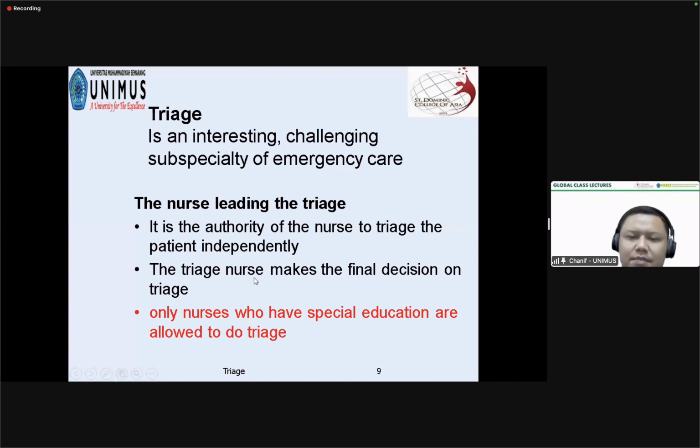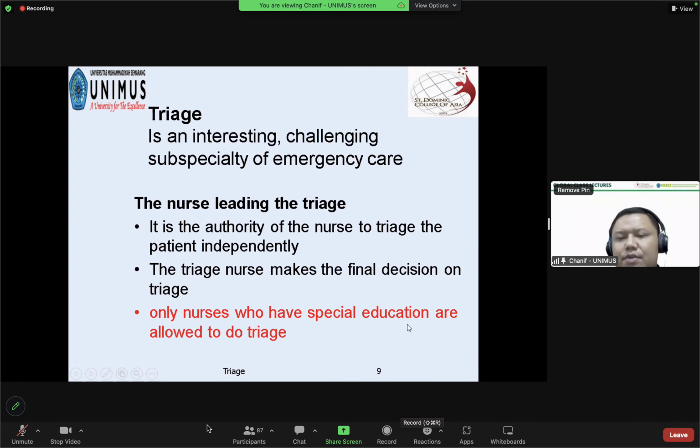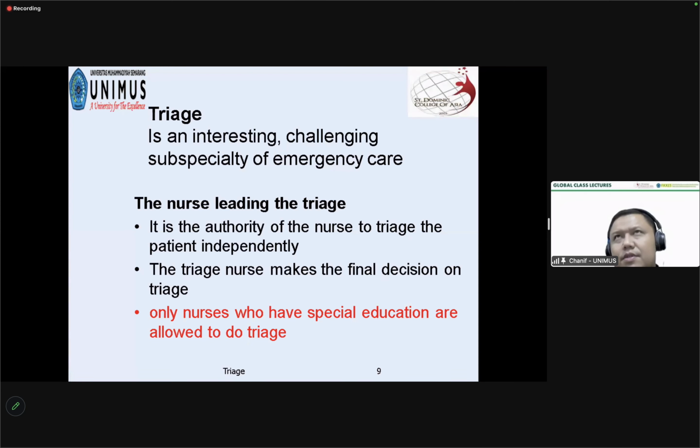The triage nurse makes the final decision on triage. Only nurse who have special education are allowed to do triage. Yeah, there is some training for the nurse, not only graduating from the university, but they must take some course, yeah, to get some knowledge about the triage.